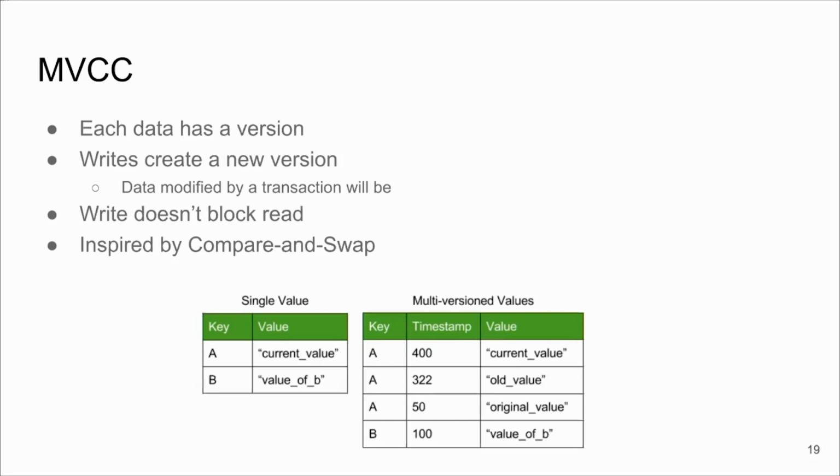This is actually inspired by compare-and-swap, which is CAS, in multi-threaded programming. You make changes in your private memory, and then you write back and check whether other parties made changes to this data set.